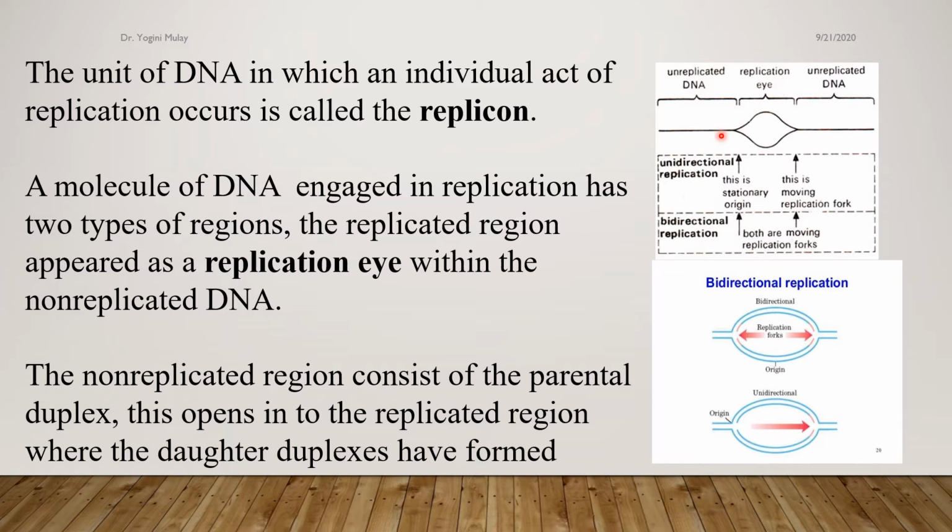The non-replicated region consists of parental duplex. This is nothing but the double-stranded DNA. And this parental duplex opens into the replicated region where the synthesis of daughter strand takes place. Now this is nothing but the replication I. You can see this is the single stranded DNA which has acted as a template and the daughter strand is synthesized.